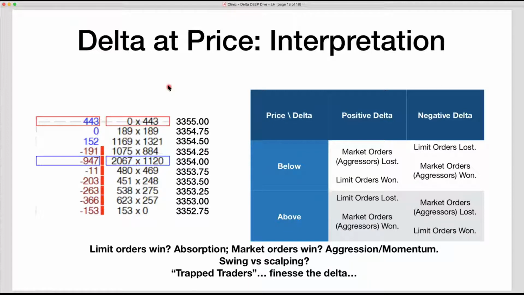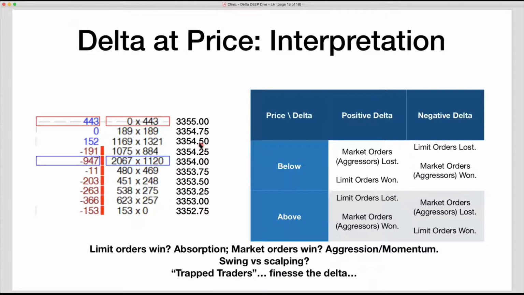So for institutions trading volume, there are algorithms to get your volume into the market using limit orders and market orders. But I contend that long-term money and big size can only build up its position using limit orders, working their orders into the market.